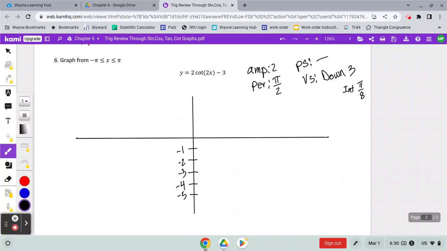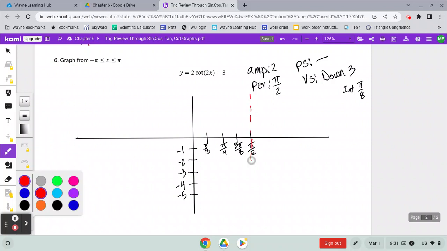So we go to the right, 1, 2, 3 marks, and then the 4th is normally the asymptote, right? So that's pi over 8, pi over 4, because it'd be 2 pi over 8, and then 3 pi over 8, and 4 pi over 8, which actually is pi over 2. And that's our asymptote. So I can draw that in, and we will be able to graph that one.